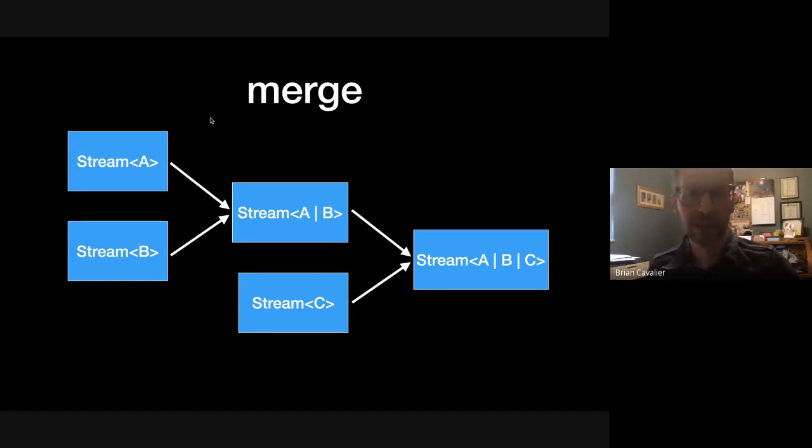Well, it does matter if you combine A and C first. Sorry, it's associative, not necessarily commutative, but in this case, it happens to be. So it doesn't matter. And we can use that to create a different kind of graph.